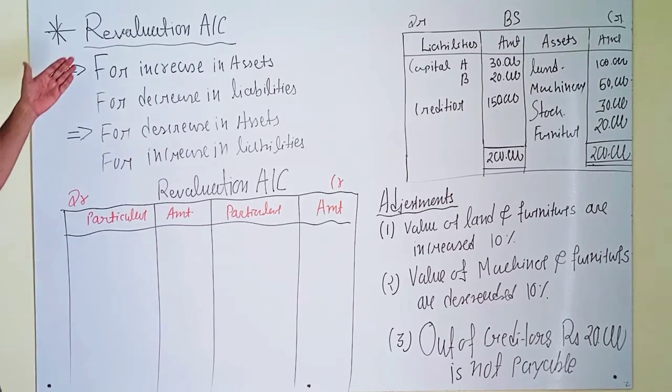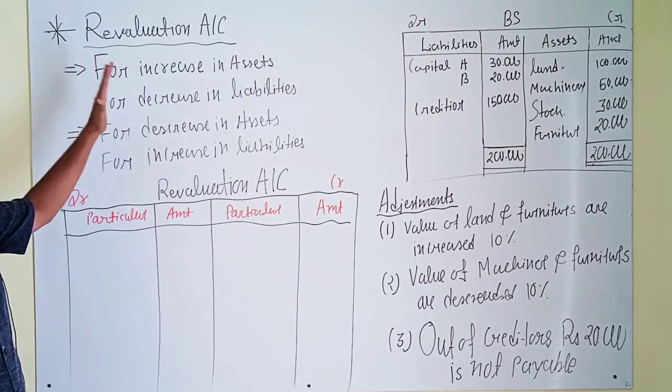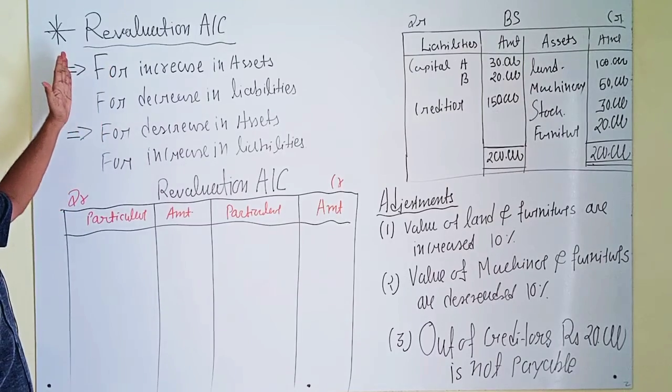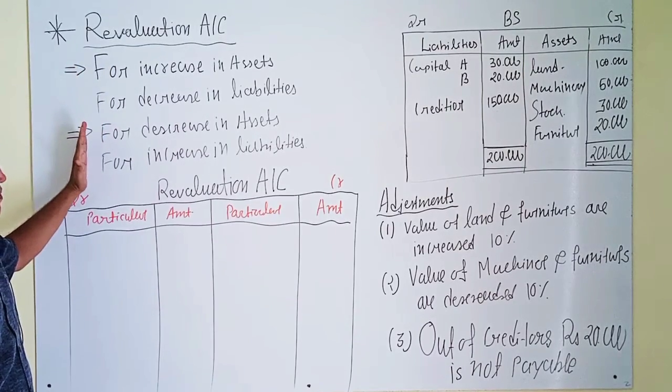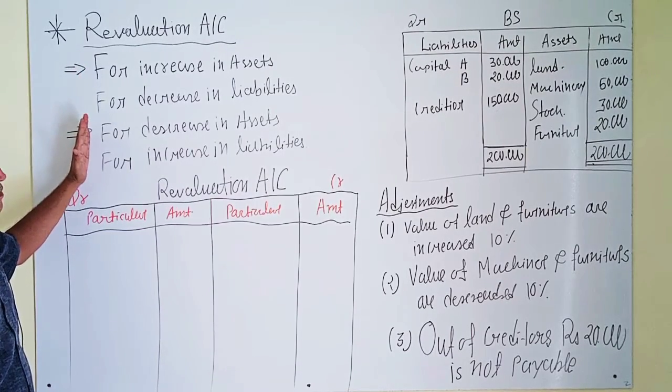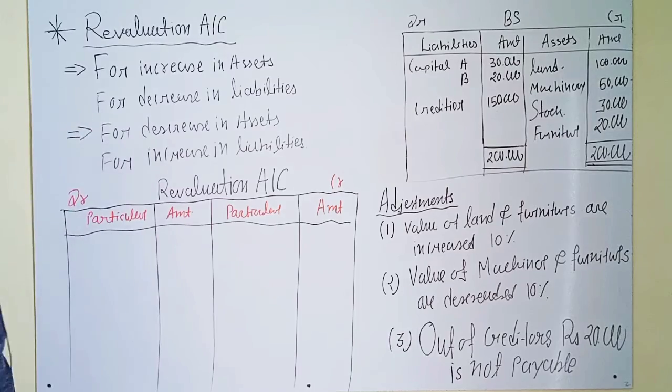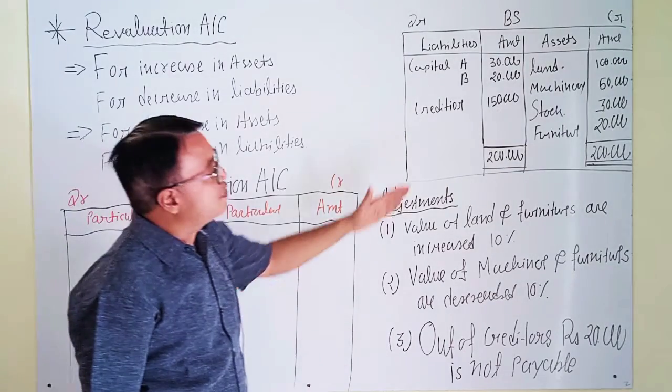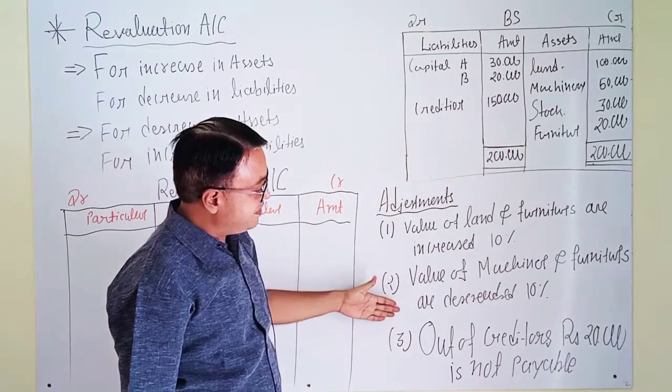Here is given the revaluation account. Here are given 4 points. At first, I will explain these 4 points, and to understand them, a balance sheet is also given with some adjustments.